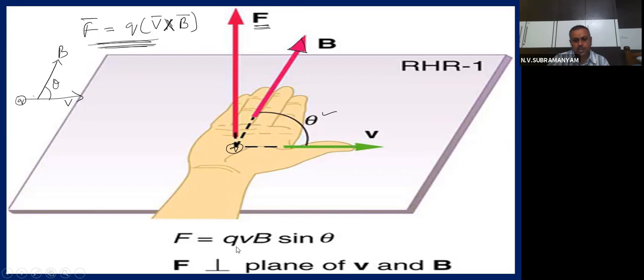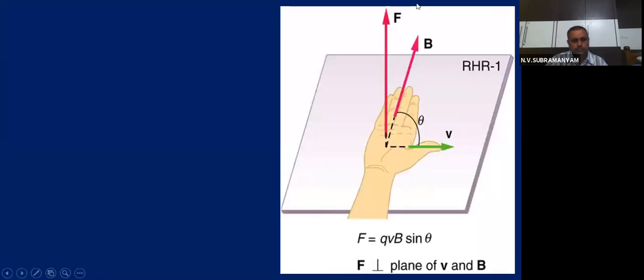Q is the charge of the particle entering the magnetic field. V is its velocity. B is the uniform magnetic field. Theta is the angle between velocity and magnetic field. And F is perpendicular to the plane of V and B.